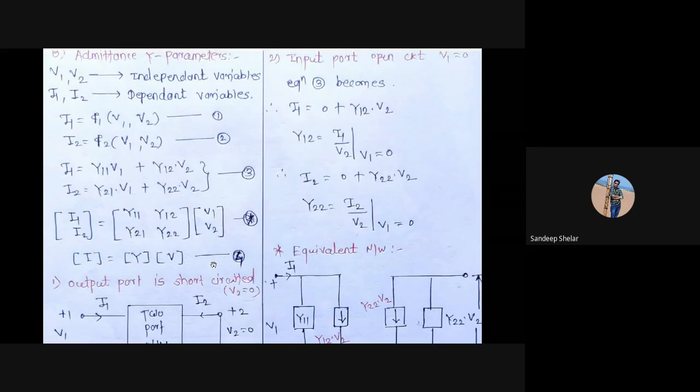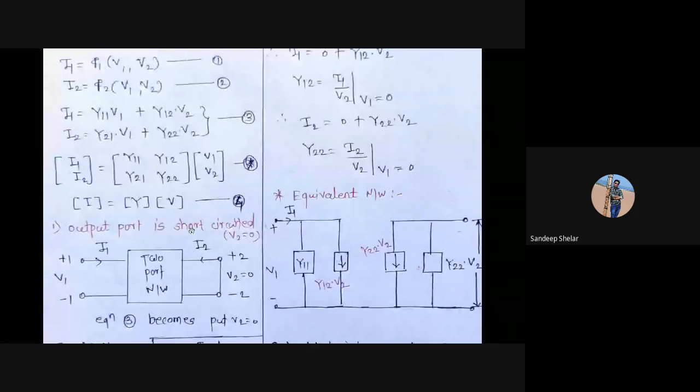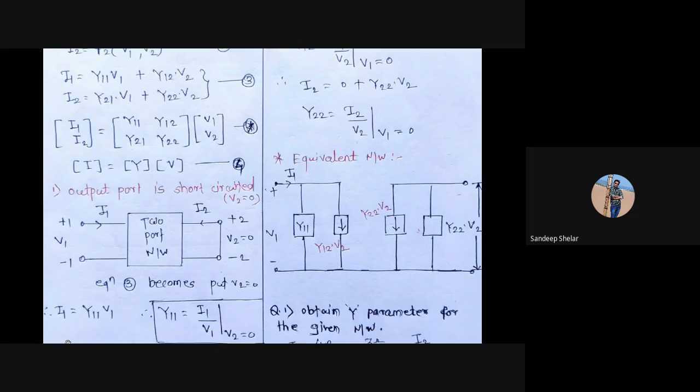Now the first condition is that the output port is short circuited, that is the voltage V2 becomes 0, then I2 is present. Now in equation 3, put V2 equal to 0. We obtain I1 is equal to y11 into V1, then y11 is equal to I1 upon V1 with V2 equal to 0.